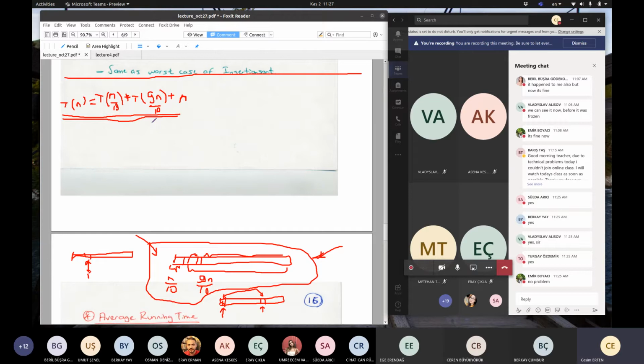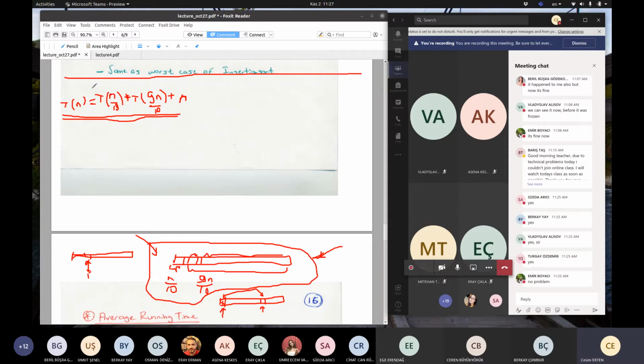A second method was applying the master theorem, which was an easier method, but we could only apply the master theorem or use the master method in only certain special cases, where the given recurrence T of n was in a specific format. Now, can we apply the master theorem to solve this recurrence?